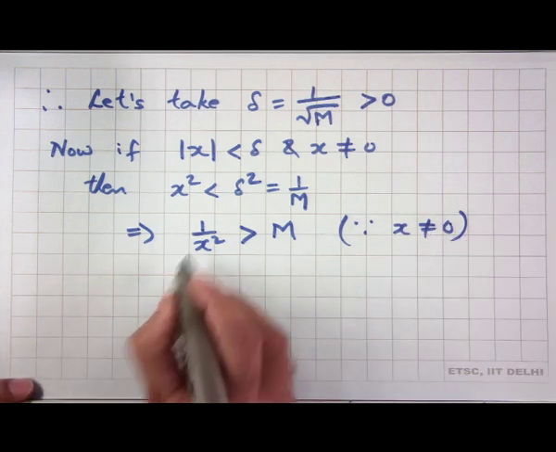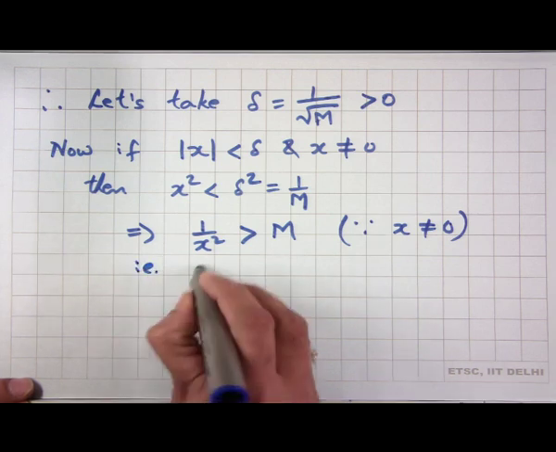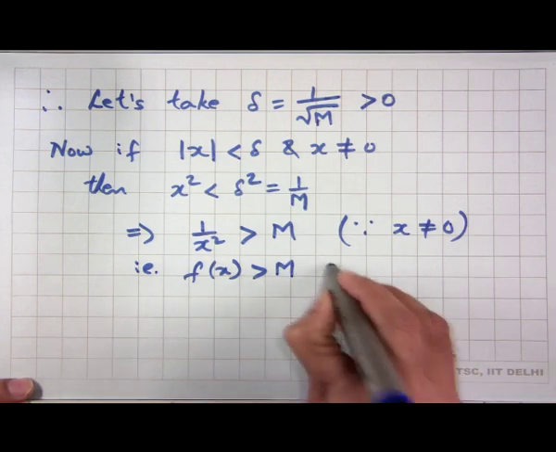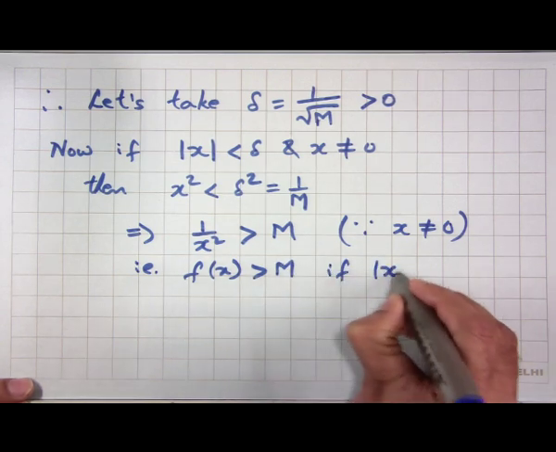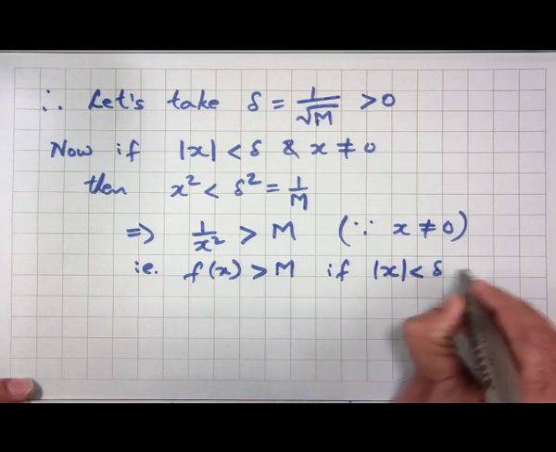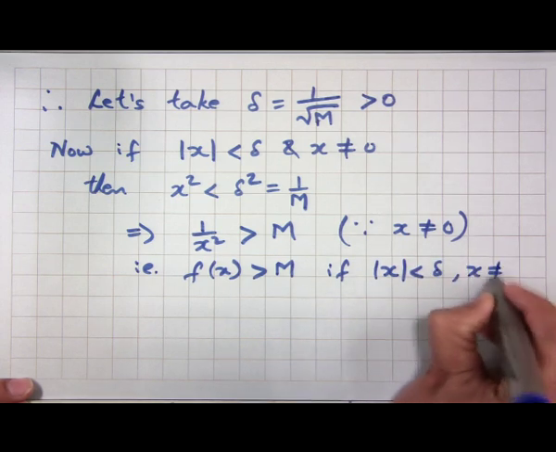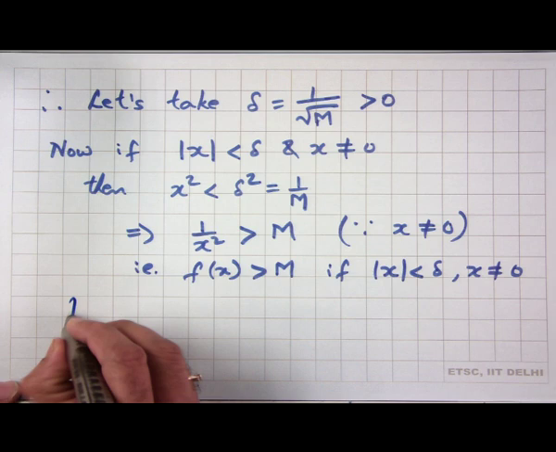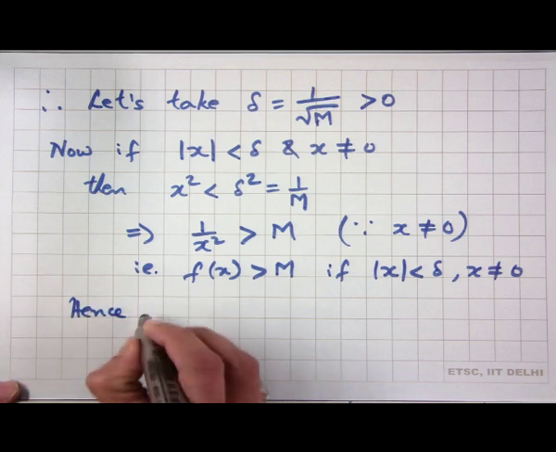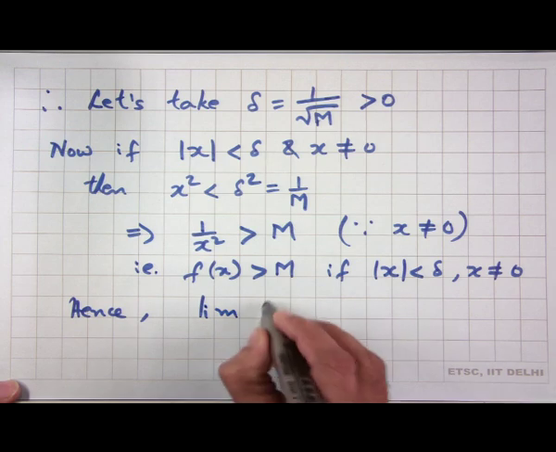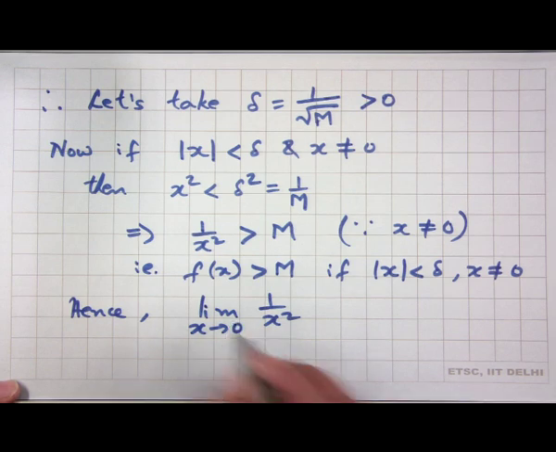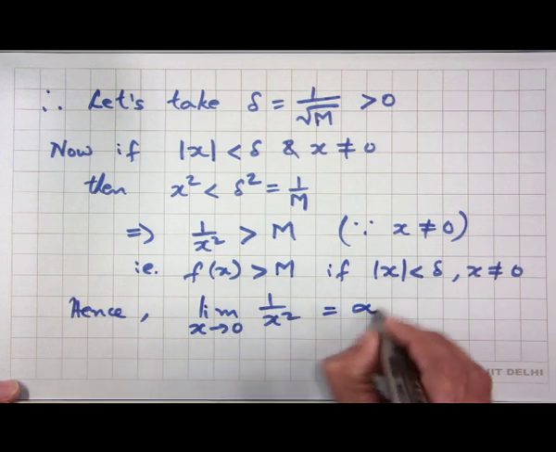This is our f of x, that is, f of x is greater than m if mod x is less than delta and x is not equal to 0. So, this proves that the limit of 1 by x square as x approaches 0 is equal to infinity.